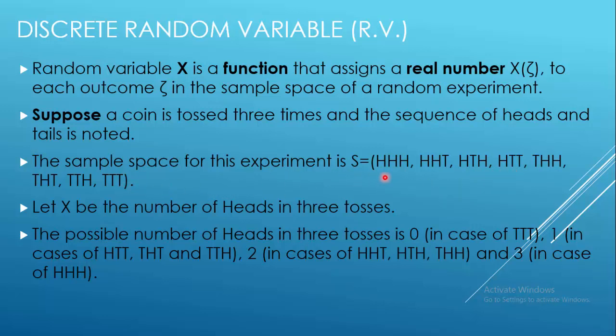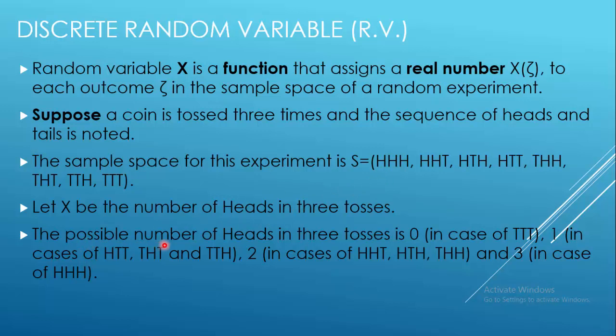So I've got 8 possibilities over here. Let X be the number of heads in 3 tosses. Here our random variable X is to determine the number of heads in 3 tosses. How many heads do you have?